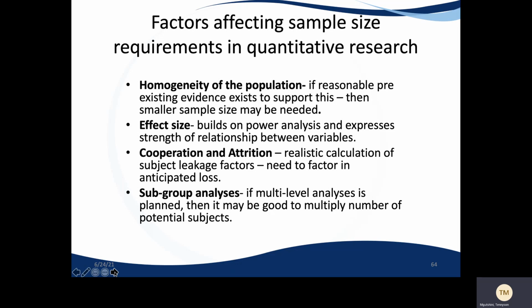But if that group has different strata in them, some are tall, some are short, and those strata are seen to be relevant, then of course you need a much bigger sample size. So the extent to which the population is homogeneous will affect your ability to decide if the sample size should be small or big.